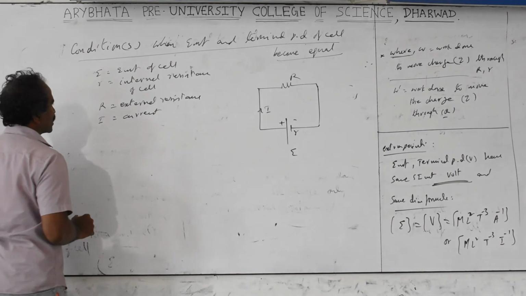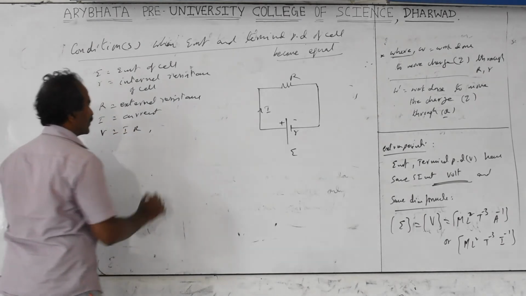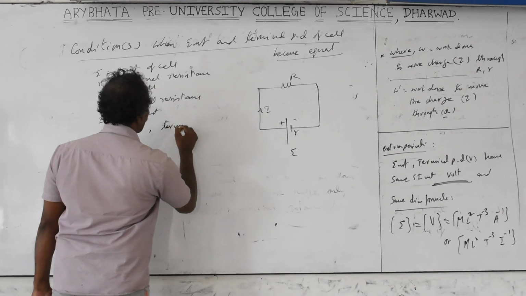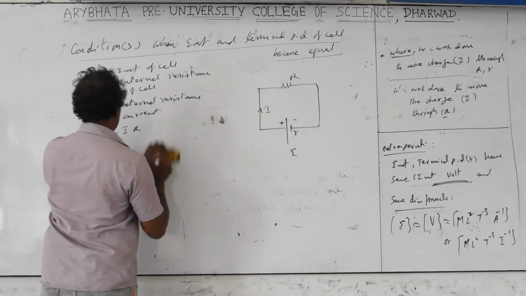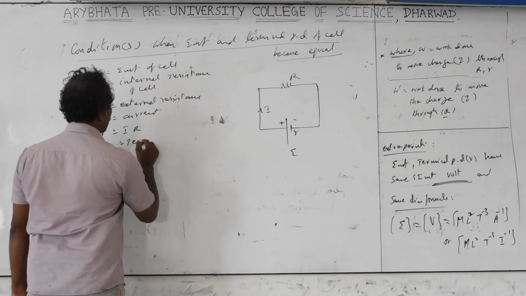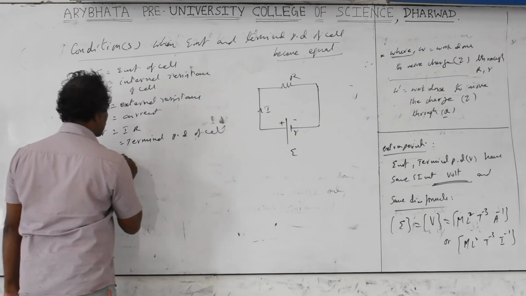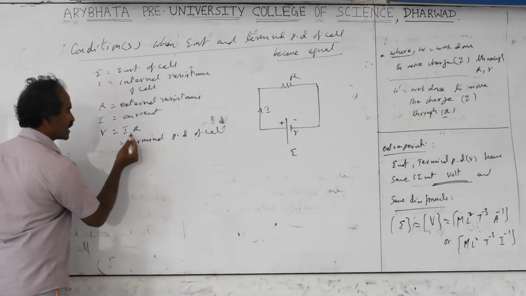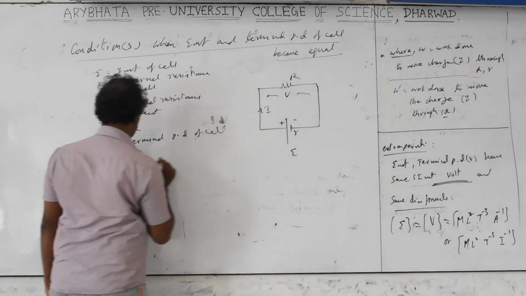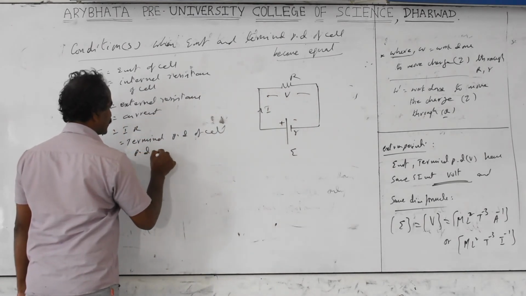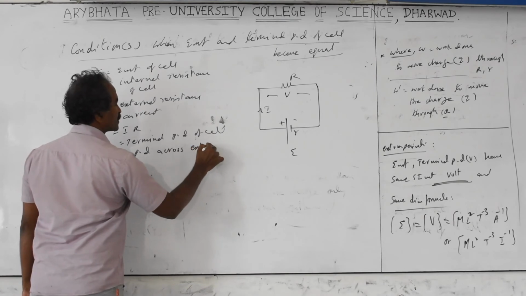The relation V equal to IR is the terminal potential difference of the cell. It is nothing but the voltage across the external resistance. I into R is also the voltage across the external resistance. So V is the voltage across the external resistance.